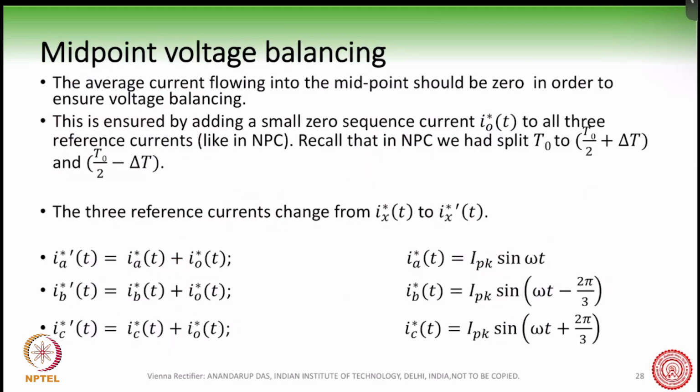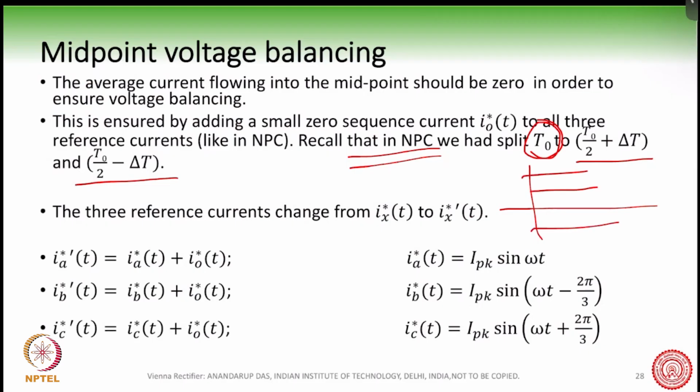We apply something which we also know from previously. Remember that in NPC, when we wanted to change the midpoint voltages, we had this T0 time, and we changed it to T0 by 2 plus delta T and T0 by 2 minus delta T. That's what we did. Basically, if you have these three reference waveforms and you shift all three together, the T1 and T2 do not change, so the effective voltage remains the same.